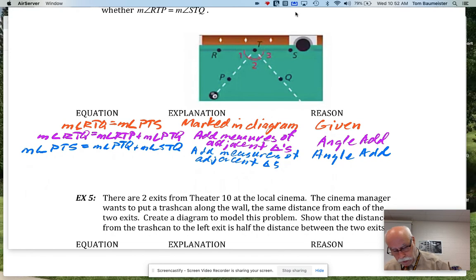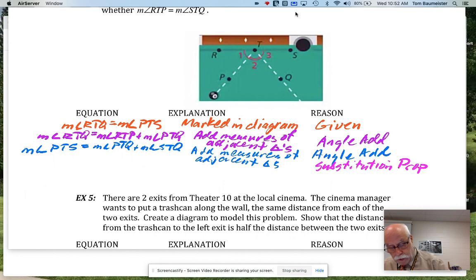So we're going to substitute. We're going to use the substitution property. So let's see, what's a different color? And it would be the substitution property of equality, but I'm not making you write the whole thing down.